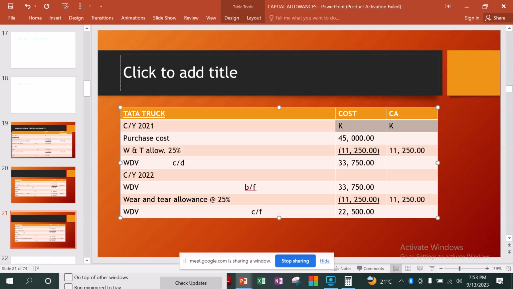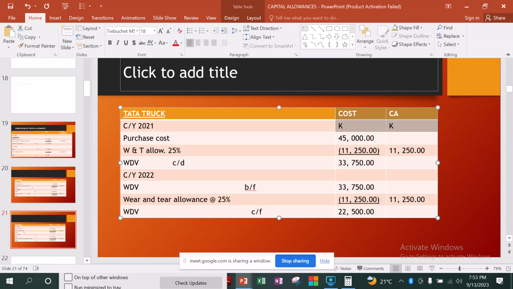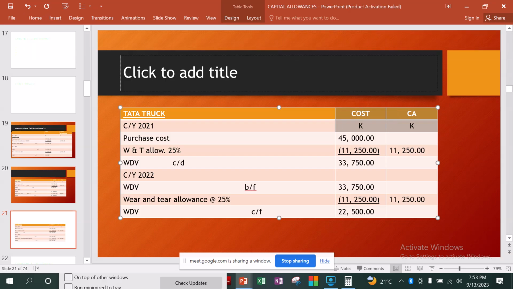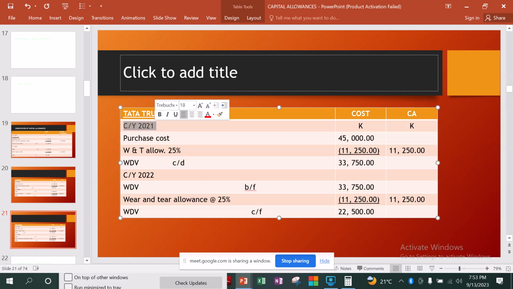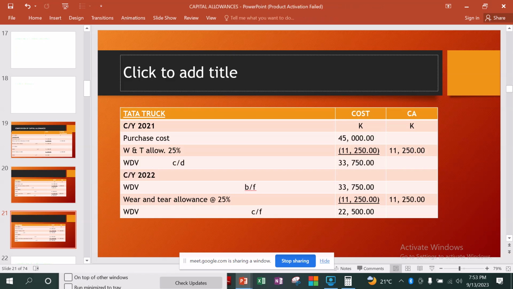Carried forward. Okay, make this one be bold. Okay, there we are. So that's how the Tata Truck capital allowances computation looks like.